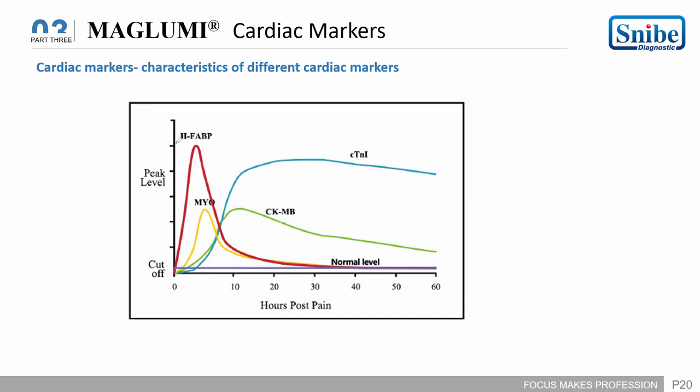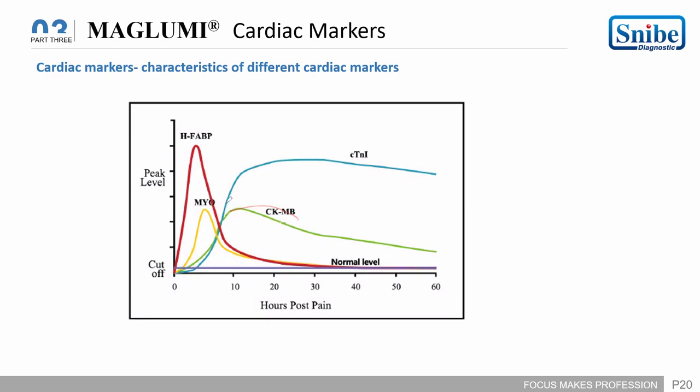The most important factor: the earliest cardiac marker is H-FABP, the fatty acid binding protein. The second is myoglobin, which rises in the early hours of myocardial infarction or coronary heart disease.